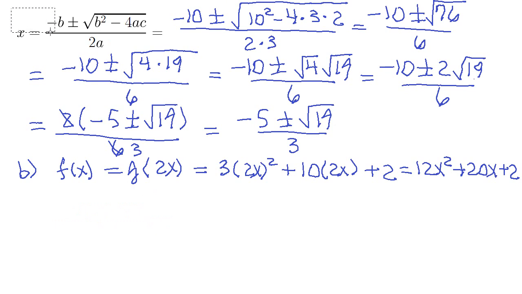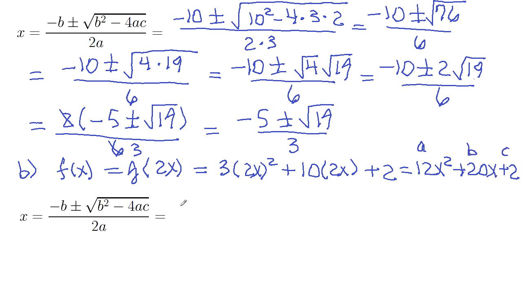So we're going to use the quadratic formula again. And this time our a is 12, our b is 20, and our c is 2. So negative b would be negative 20 plus or minus the square root of b squared, so 20 squared, minus 4 times a, which is 12, times c, which is 2.